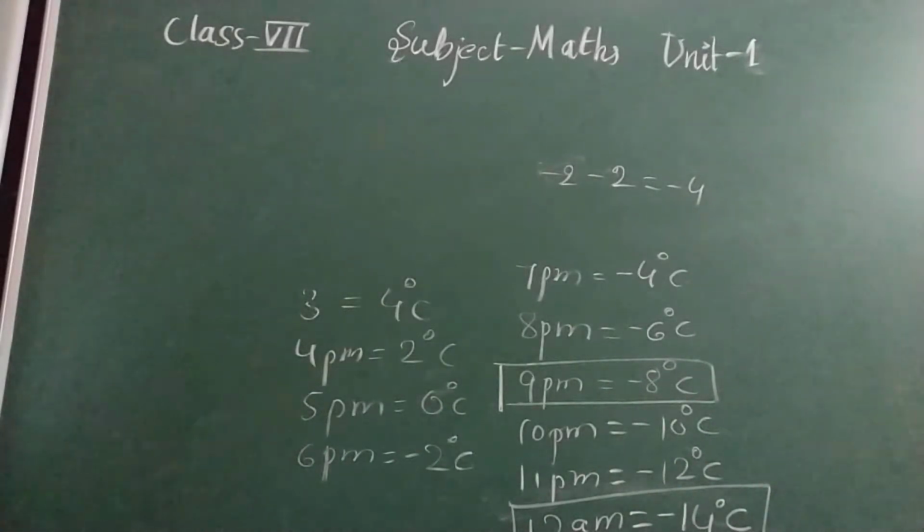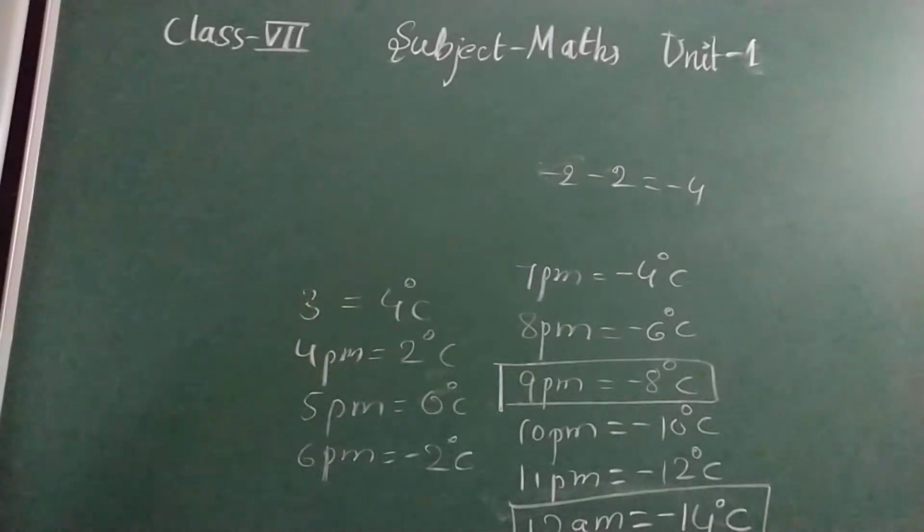According to the decreasing order, we should calculate these integers. Then only you will understand this. The answer will be at 9 p.m. it will attain minus 8 degrees Celsius, and at midnight it will become minus 14 degrees Celsius.